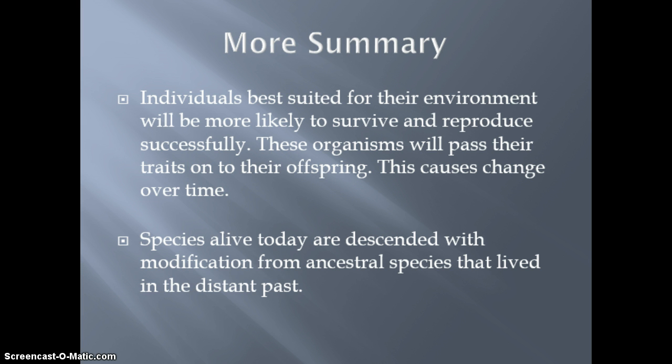And if those are the ones that survive and reproduce, these are the organisms that are going to have their traits passed on to their offspring. And this causes change over time.